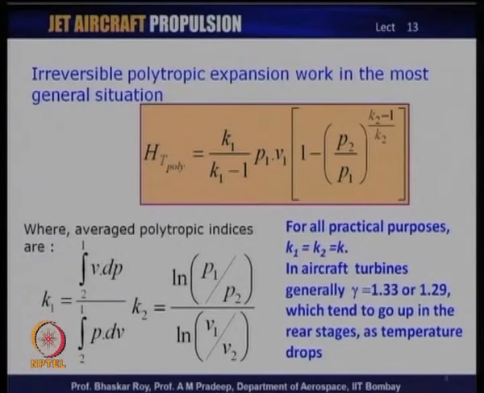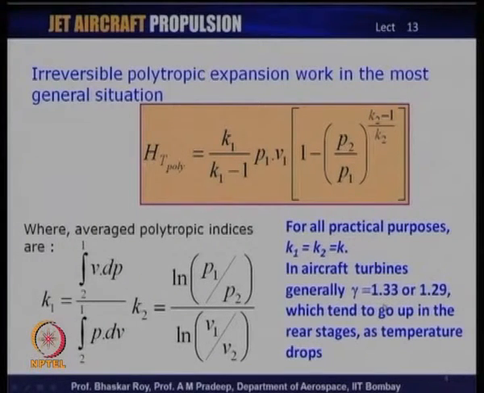Now, in aircraft gas turbines, generally the value is 1.33 and it could go down to 1.29 depending on the temperature. Now, we know that as the operating temperature through the turbines goes down, the value of gamma also tends to go up.